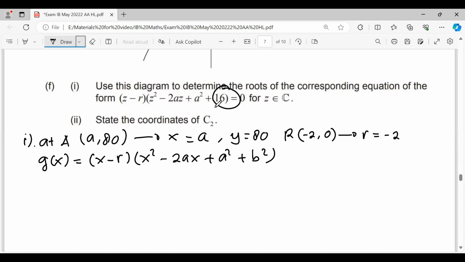Compare this 16 and b squared. So b squared equals 16. Then b equals the square root of 16, or b equals 4.